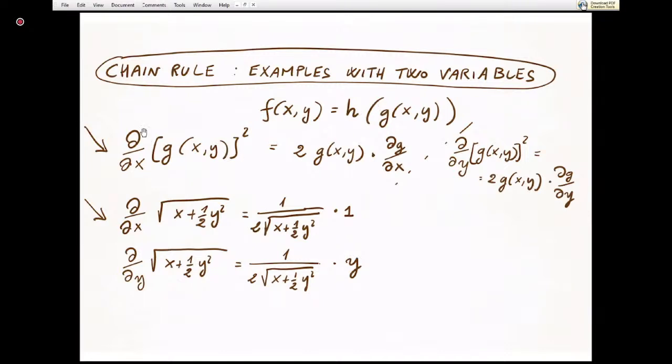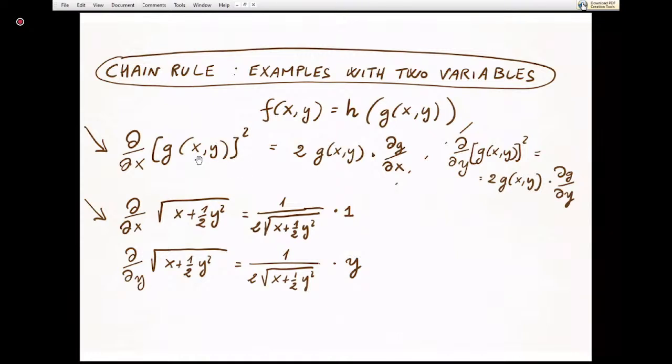So what about the derivative with respect to x of g of xy squared? Imagine that I have a function of two variables, the square of this, and I want to take the derivative of this with respect to x. Okay, so this is a power function of a two variable function. The exponent is 2. So the derivative is 2 times g of xy times what?